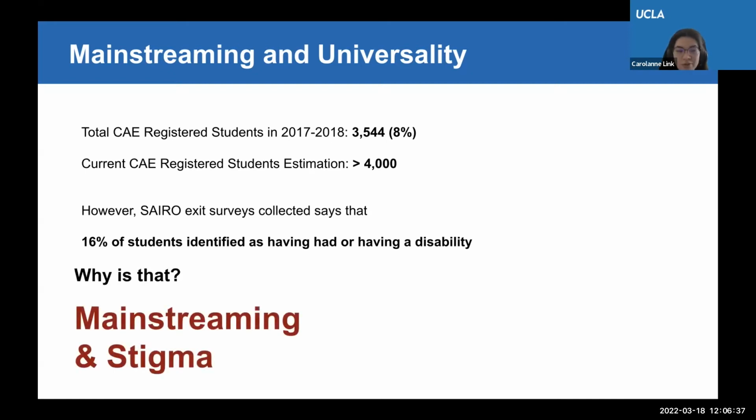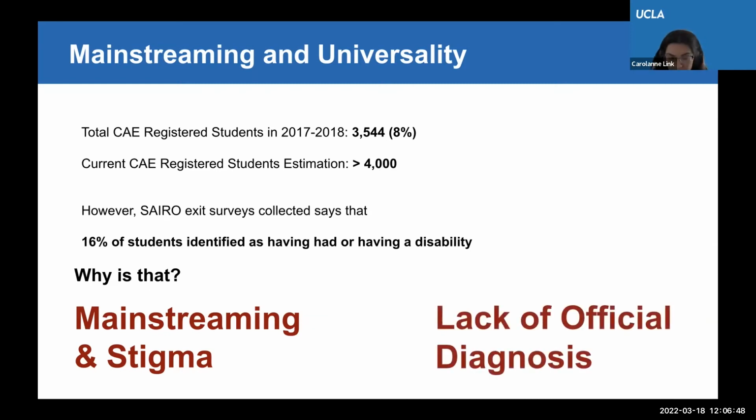So why is that? The first reason is mainstreaming and stigma. Of course, as we touched on in the culture part, people are nervous about adding themselves, they are nervous about the treatment they'll receive. And then additionally, lack of an official diagnosis, access to adequate medical care, and specifically specialists in difficult to diagnose disabilities is not equal for everyone, of course.